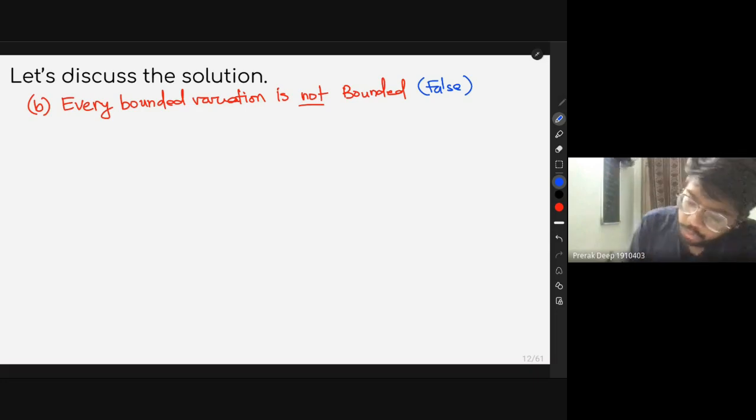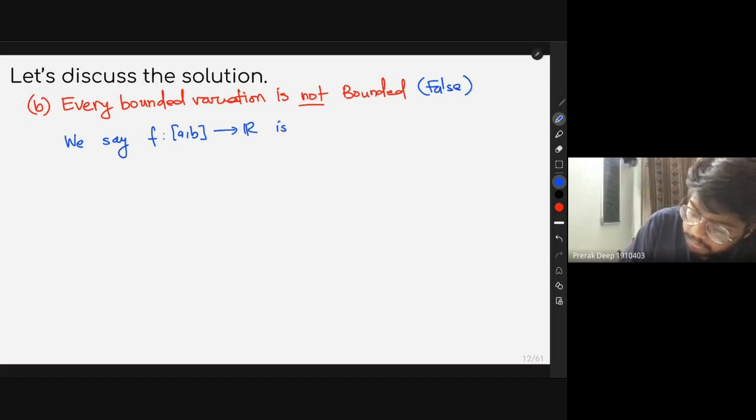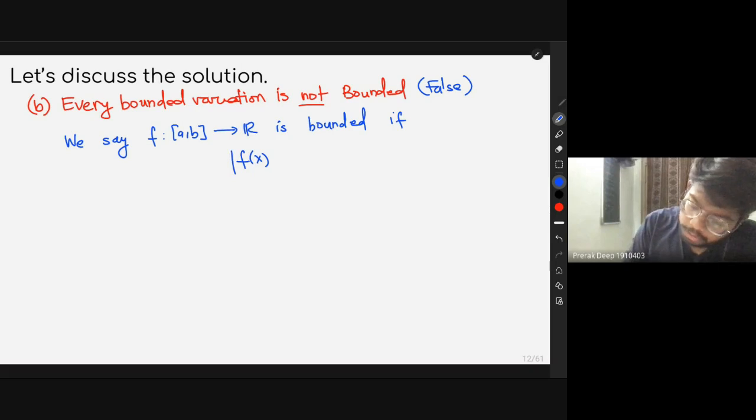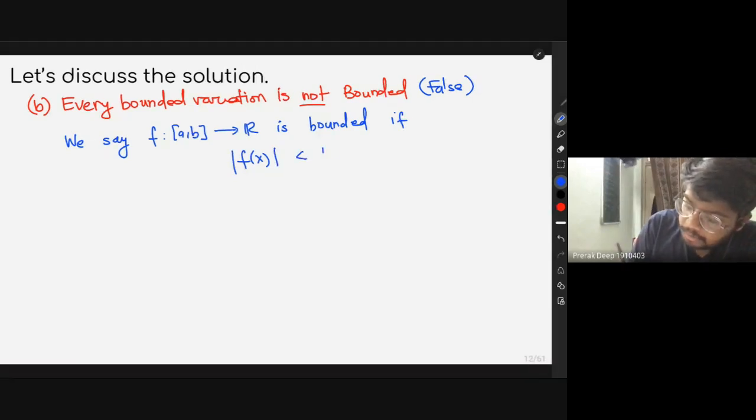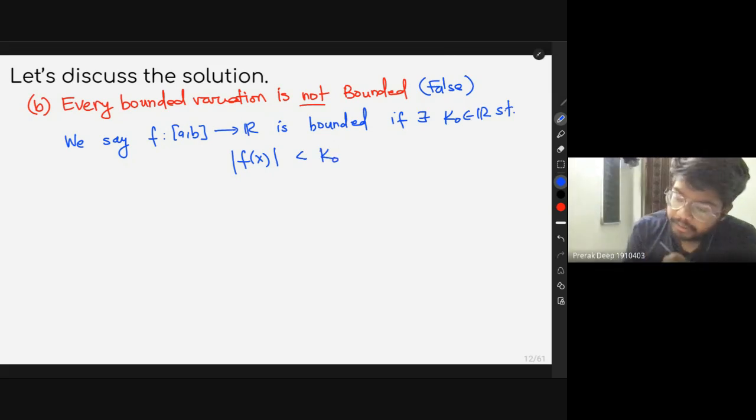So for boundedness, we say a function on an interval is bounded if the modulus of f of x is smaller than some constant, let's say k naught in R, such that this is smaller than k naught. Then we say that the function is bounded.